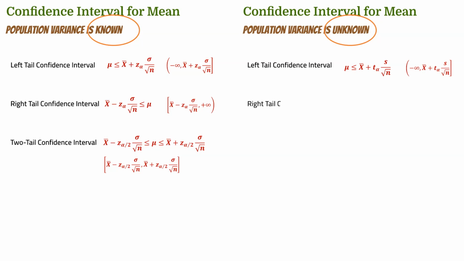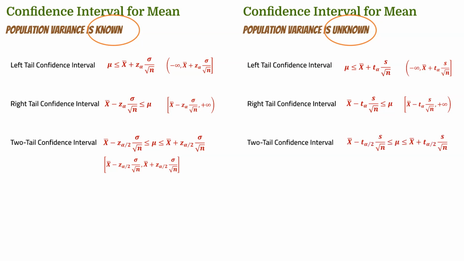For the right tail confidence interval, the case of variance unknown is the same thing, and you can put that in the bracket. In the bracket case, x bar minus t alpha s over square root of n to infinity.